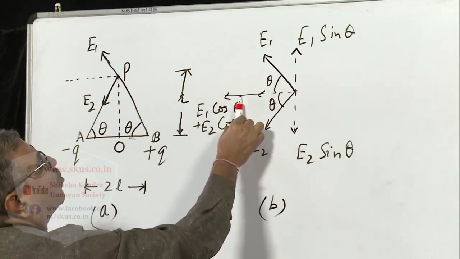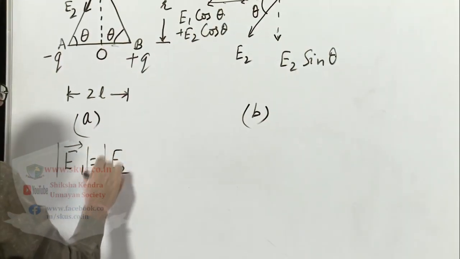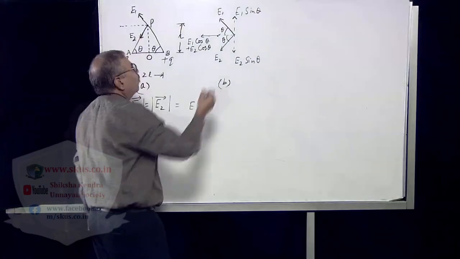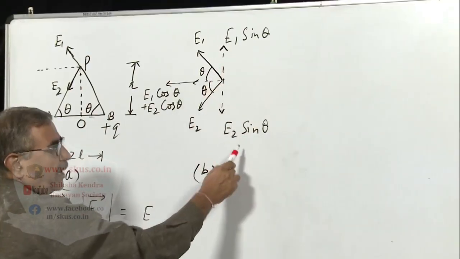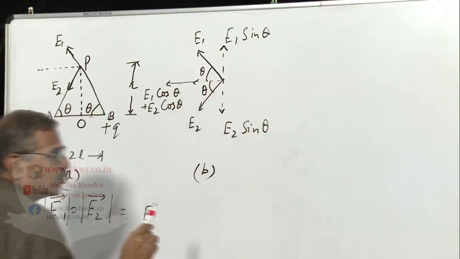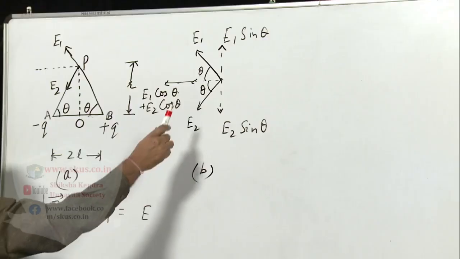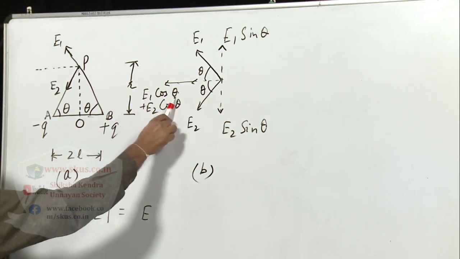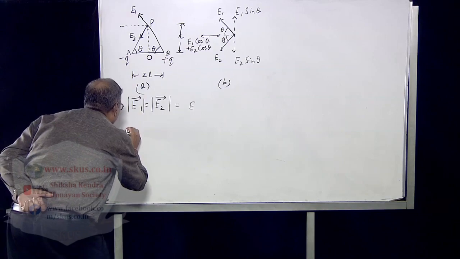Similarly, it will be E2 cos theta and E2 sin theta, as magnitude of E1 is equal to magnitude of E2 is equal to E. E1 sin theta and E2 sin theta are equal and opposite, so they will cancel each other. So, there will be no component of the electric field in the vertical direction. The net electric field will be along the horizontal direction only, and it will be E1 cos theta plus E2 cos theta. Now, let us write out the expression for E1 and E2.